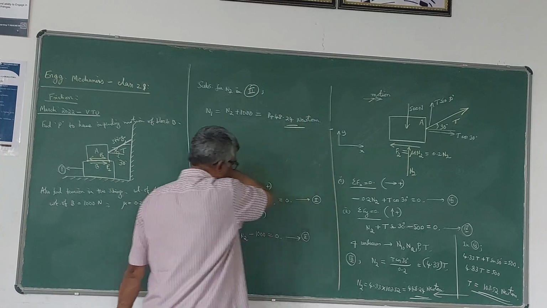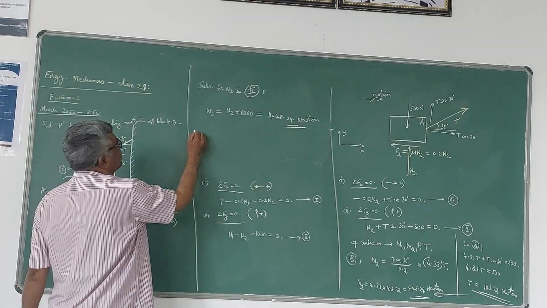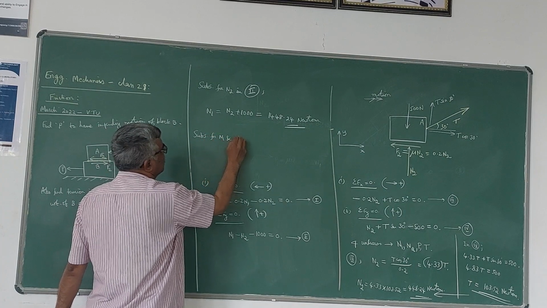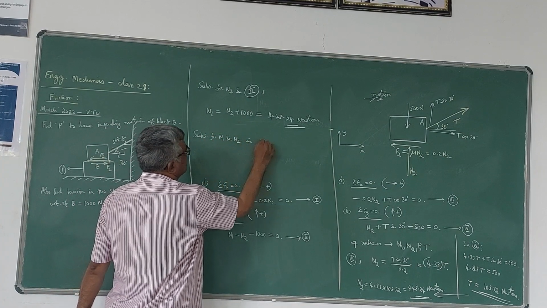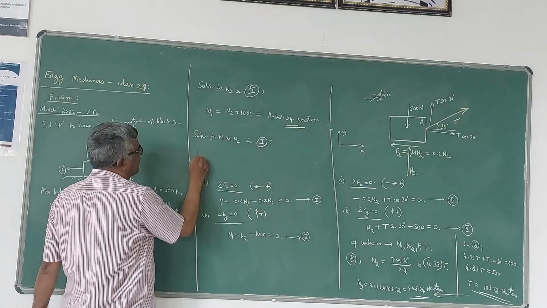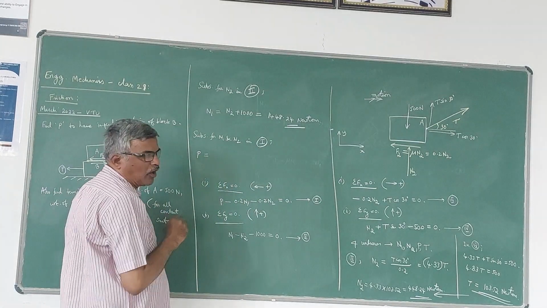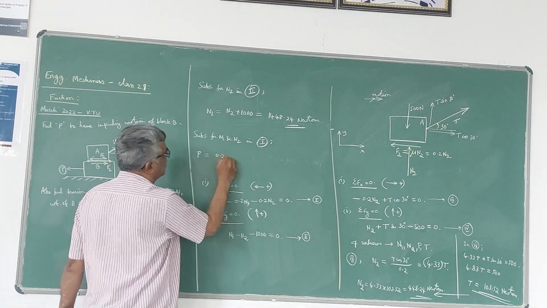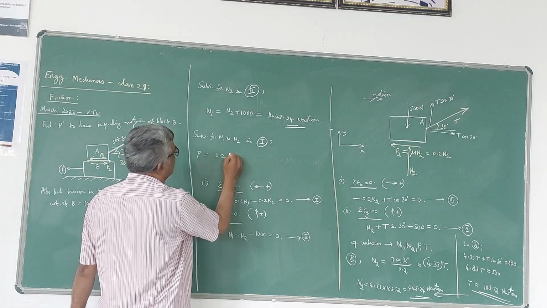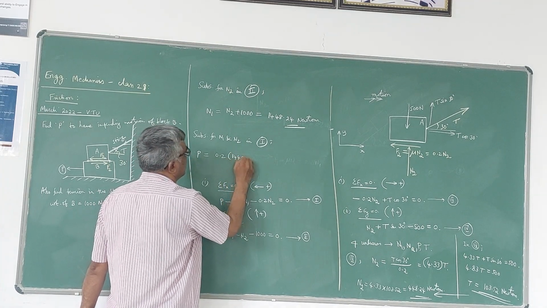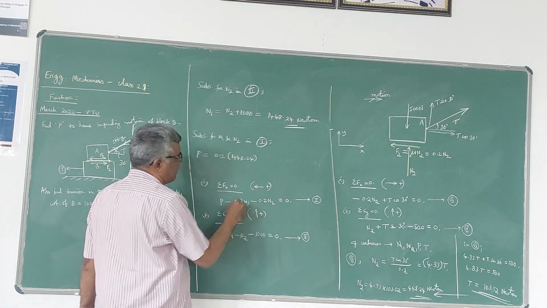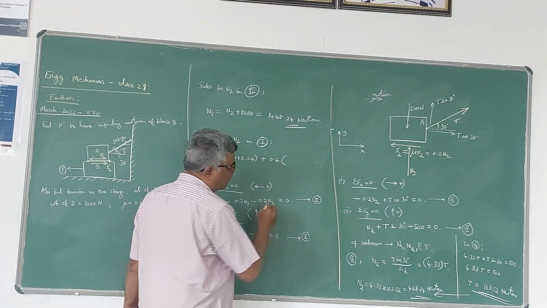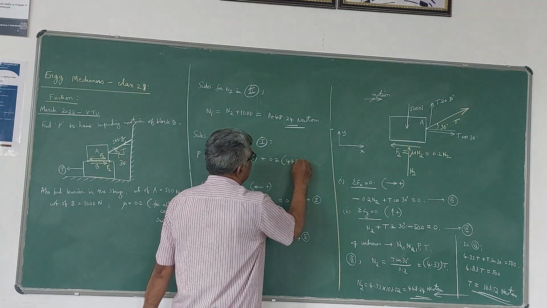Now substitute this N1 and N2 in equation 1. Substituting for N1 and N2 in equation 1, you can get the value of P that is required to move block B in the direction of P. So P is equal to 0.2 times N1, so 0.2 times 1448.24, plus 0.2 times N2, so N2 is 448.24.